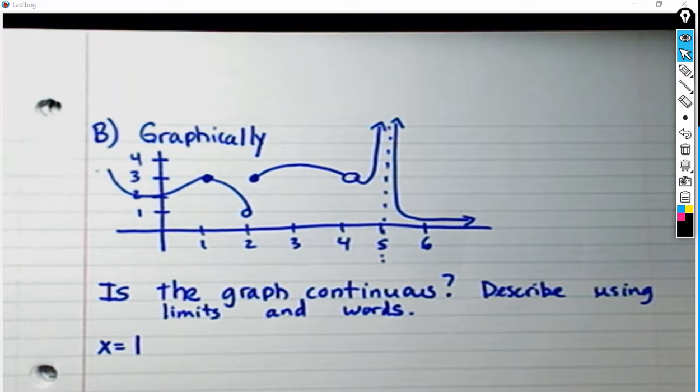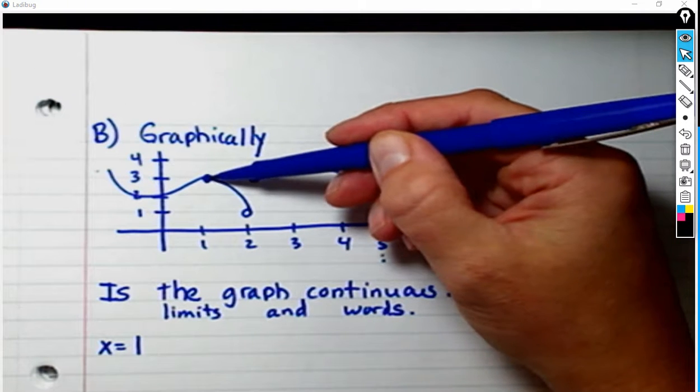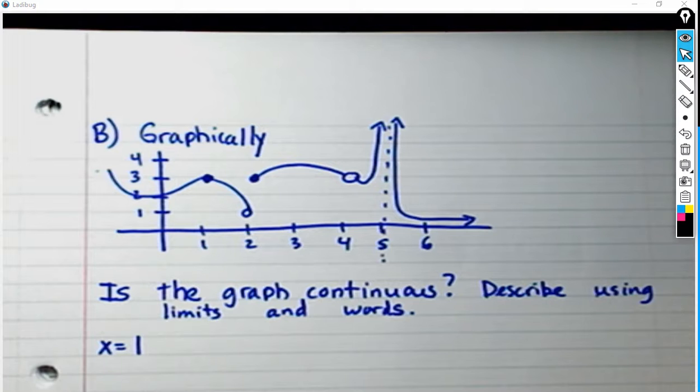So we're going to look at a couple different x coordinates here. All right, the first one, x equals 1. Is the graph continuous at this point here? Left, right, point.